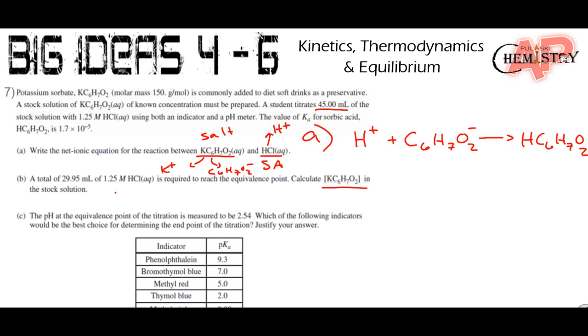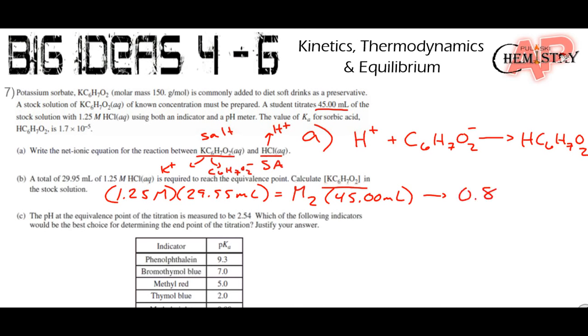So I simply have to say M1V1 equals M2V2, and that will get me my answer. So it'll be 0.832 molar. 1 point is earned for realizing that you needed to multiply on the left, and then 1 point is earned for the molarity.